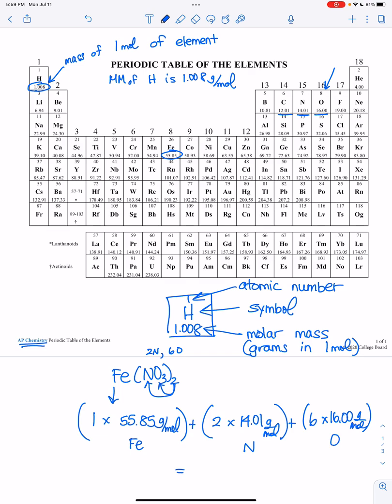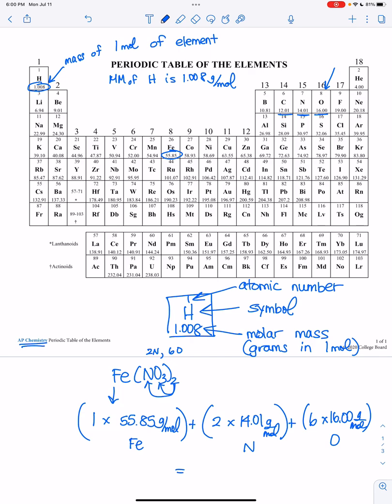And so I'm going to do this math on the side here. So I'll do 55.85. Oops, nope, I'm going to use a different calculator. So I'm going to have 55.85. I'm going to add that to 2 times 14.01. And then I'm going to add that to 6 times 16.